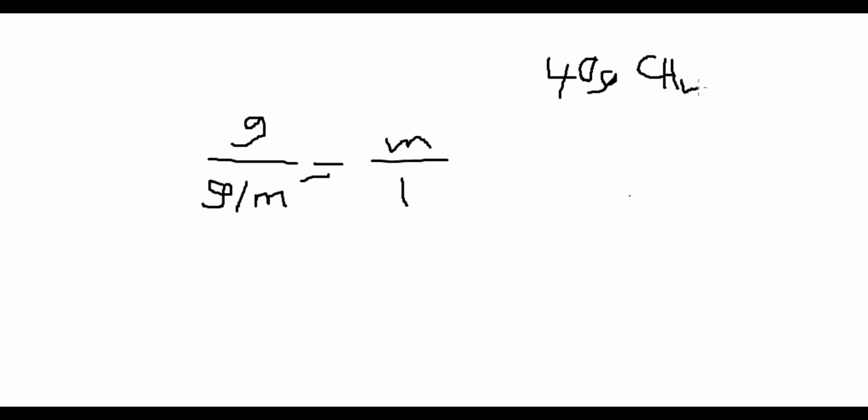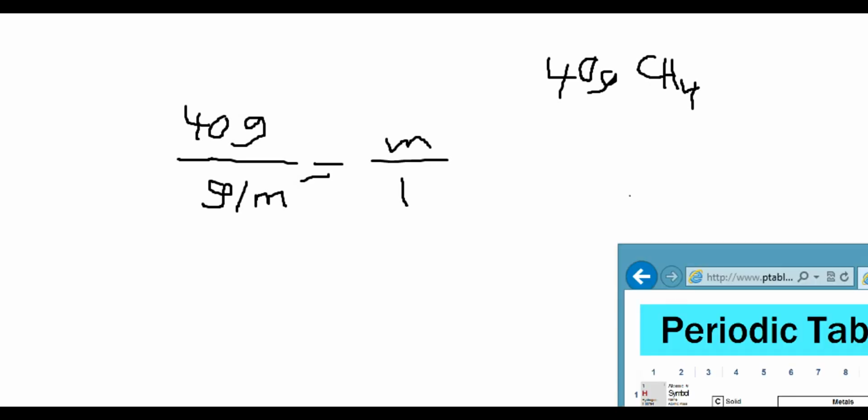Excuse my terrible handwriting. 40 grams is your given, so you can just put that in. Now the grams per mole is a measurement of the specific compound or chemical you're using, and it's different for whatever compound you're using. So let's take a look at what that is.